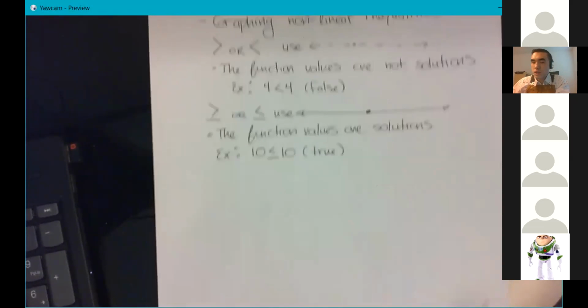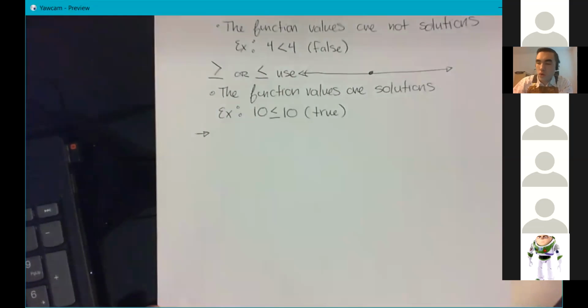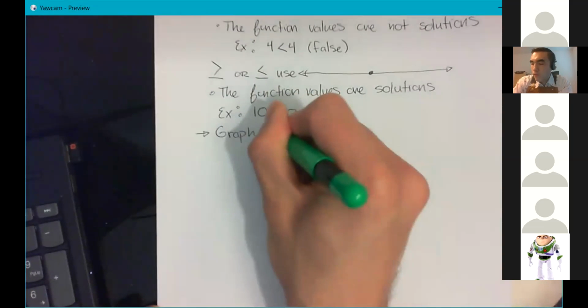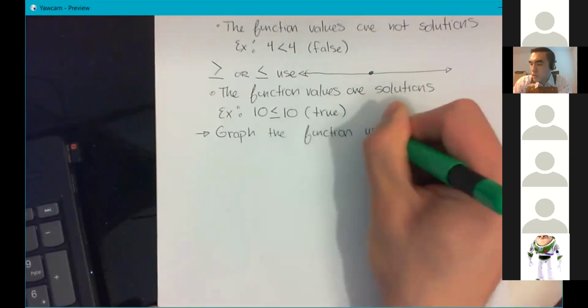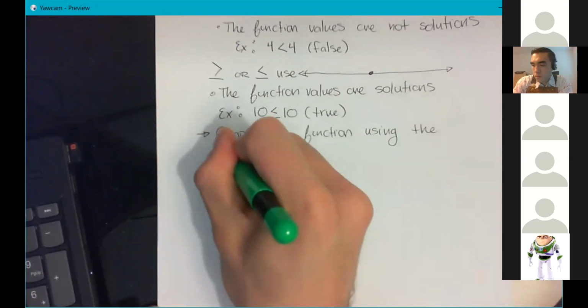The next rule is how we actually graph these, and graphing these is pretty straightforward. All that we are going to do is graph the function using the appropriate line.